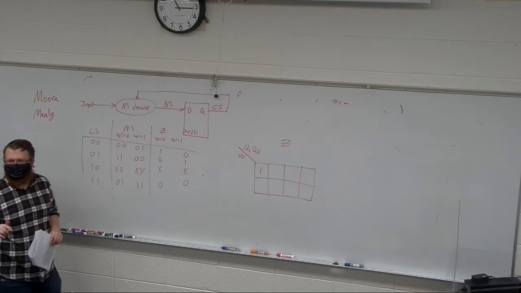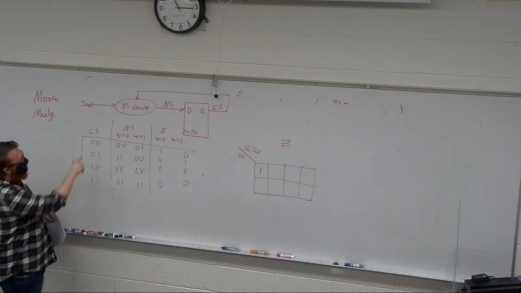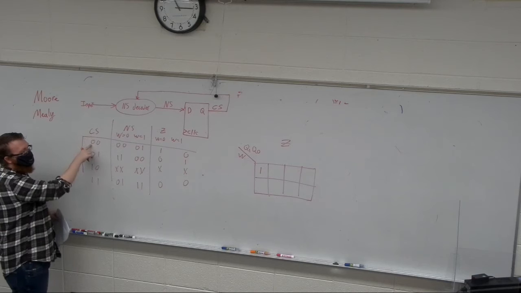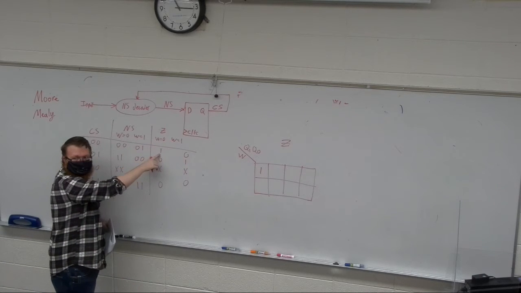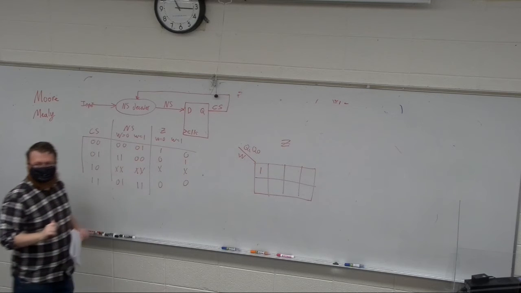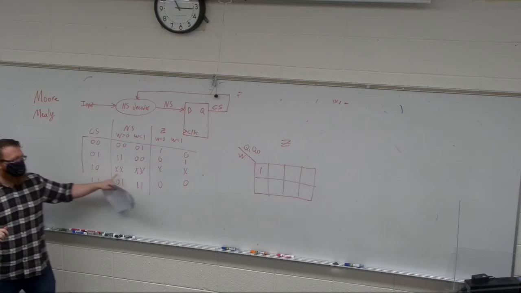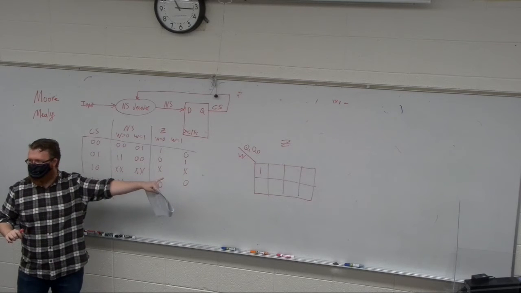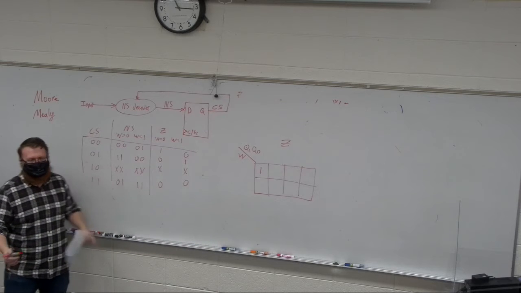If current state is 0, 0 and W is 0, Z is 1. So this is a state that's not used, so I don't care what the outputs are at this point. I don't care what the next state is because I should never end up in this state.